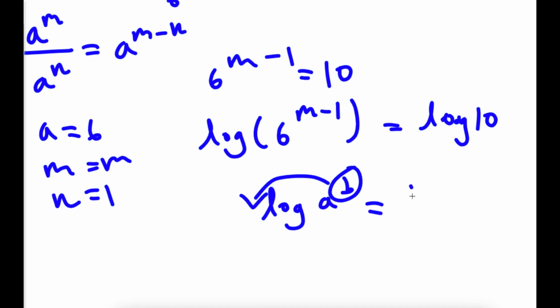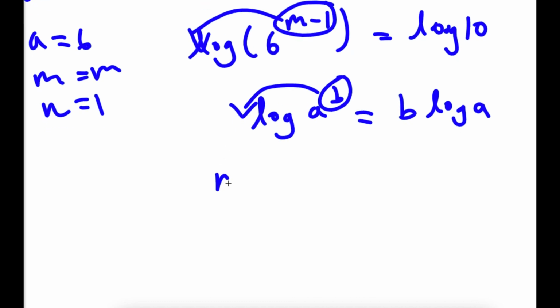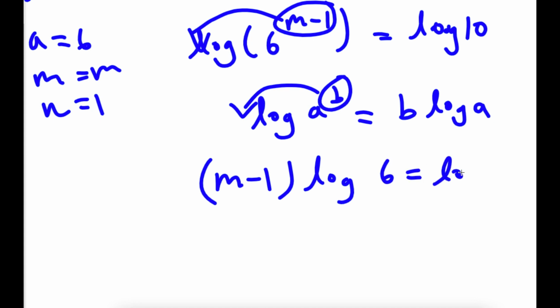So this would be equal to b times log a. Now for log 6 to the power of m minus 1, I'm going to be using this property by moving m minus 1 to the front of the logarithm. So now I have m minus 1 times log 6 is equal to log 10.